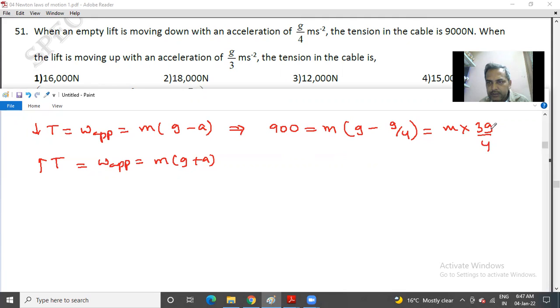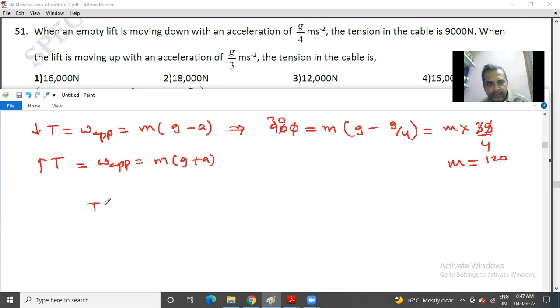If you treat g as 10, you can cancel one zero. Then this will be 3 with 30 times. Then the mass of the lift is going to be 120 kg. Now making use of this, we need to find out the tension in the cable while going upwards.